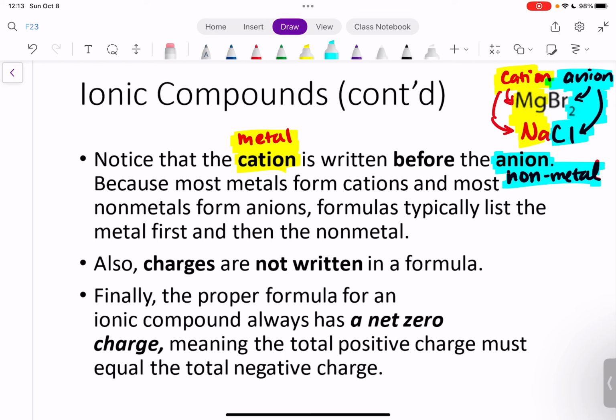All right, and then like we said, the charge on that final compound, that ionic compound formula, is always going to have a net 0 charge, right? You're not going to write charges there. That final compound doesn't have any charges because those charges have canceled out, okay? If the charges don't cancel out, that means you actually wrote the formula wrong, and we'll talk about that.